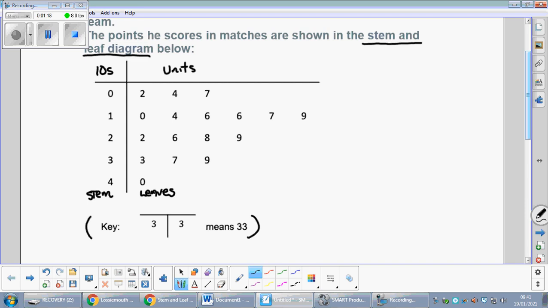Now that's important because we need to know that, because that could be units and that could be first decimal place. So we have to specify in our key what is going on. So in this case our key is 3 stroke 3 equals 33.